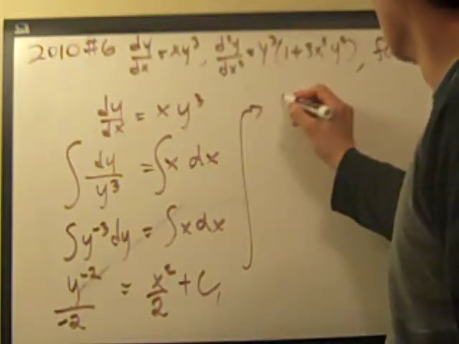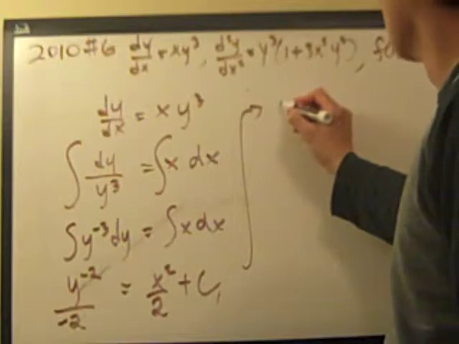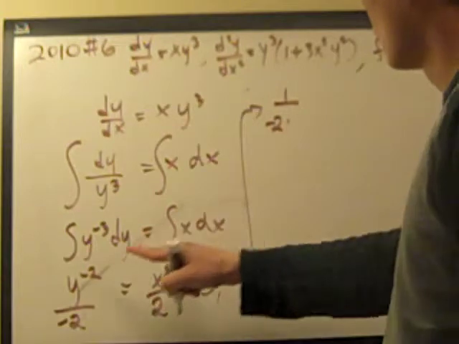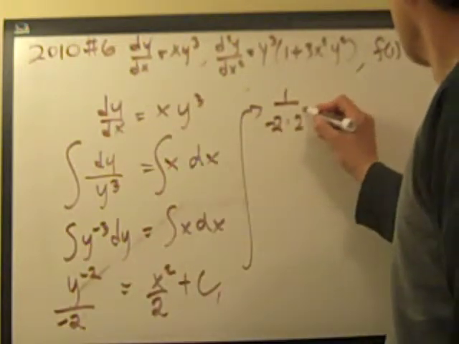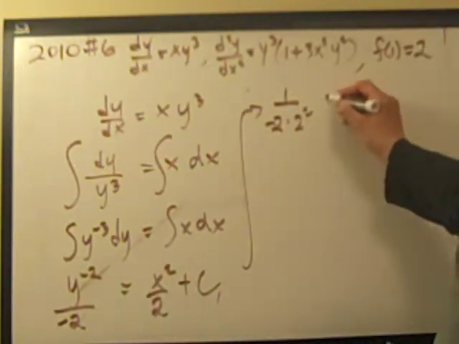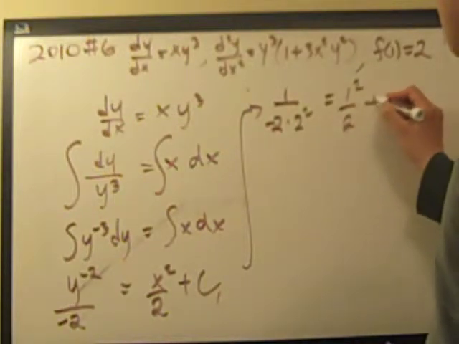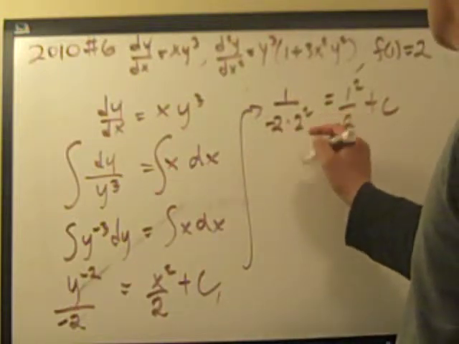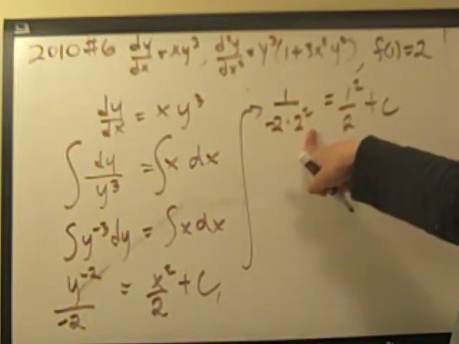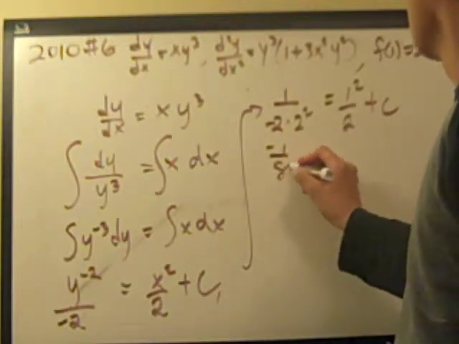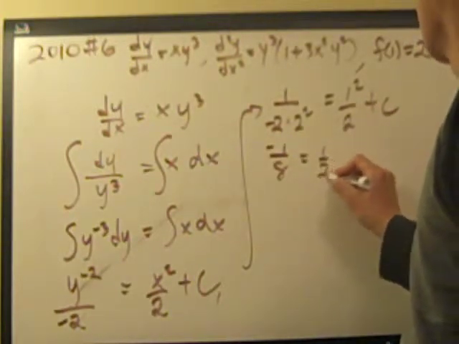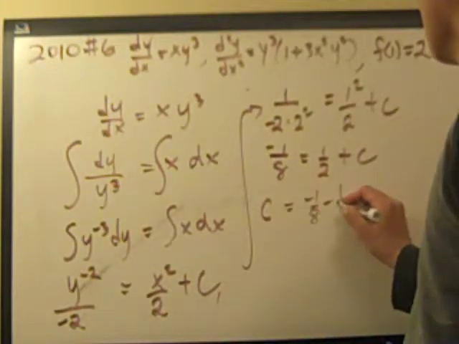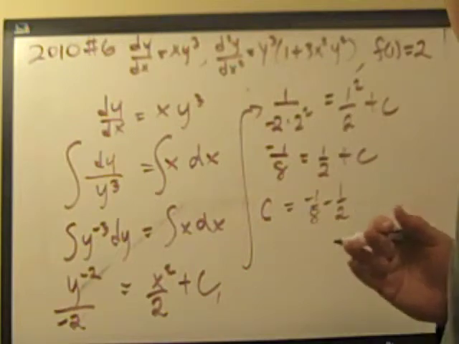So we get, this is 1 over negative 2 times y squared, so it's 2 squared, is equal to 1 squared over 2 plus c. And so negative 1/8 is equal to 1/2 plus c. So c is equal to negative 1/8 minus 1/2.